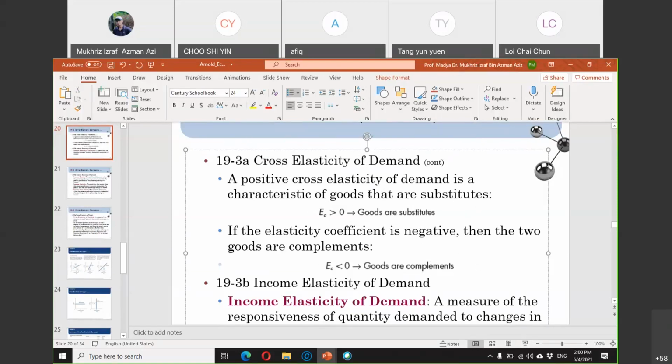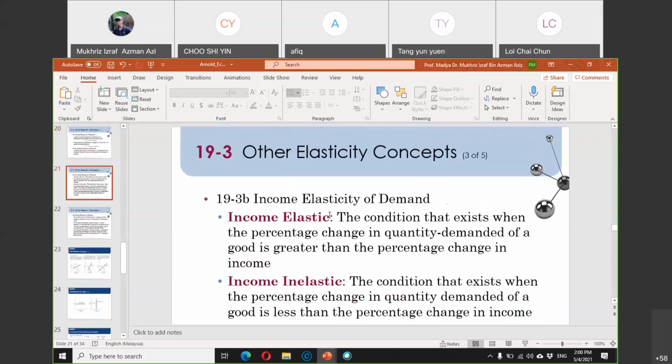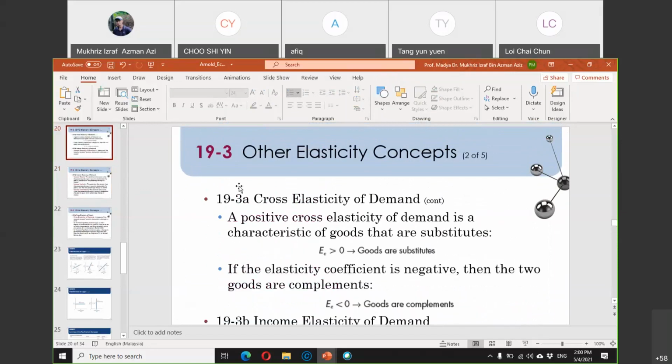Especially for principles of economics, you need to know how to interpret whether the value is positive or negative. Positive means the goods are substitutes, negative means the goods are complements. That is the focus for principles of economics. I don't think you need to learn how to calculate, but basically how to interpret this.